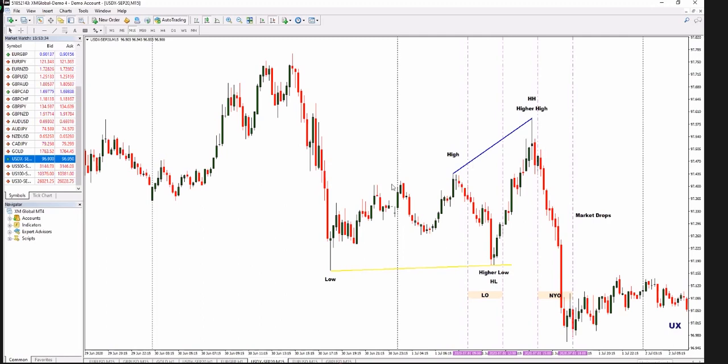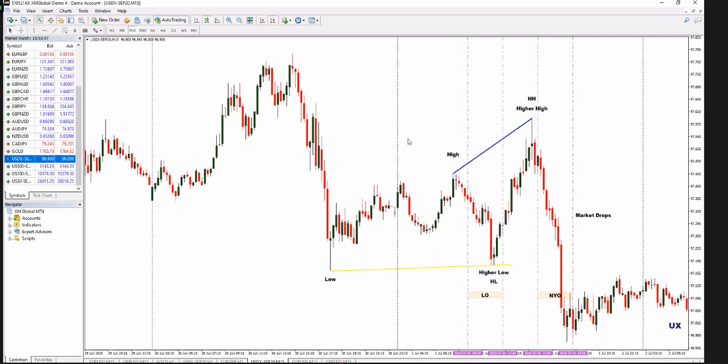So you want it to be the opposite in EU and GU, and you're going to use different terminology. If you see a higher high in DXY, you want to see a lower low in EU and GU. And when you're comparing highs and lows, you want to compare high to high and low to low.